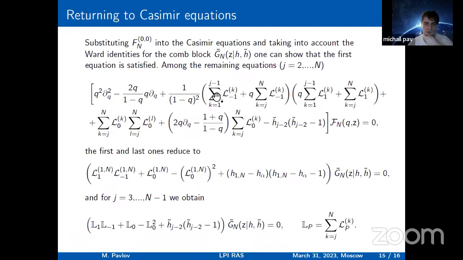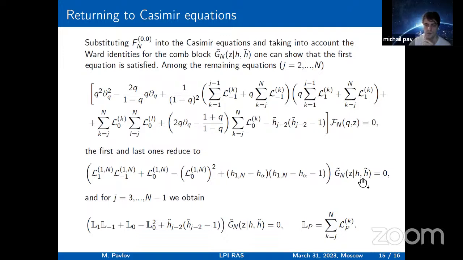And basically this is the case. In the system that I showed you of n equations, the first one was trivial, and after substituting our block into these equations, we can see that the system reduces to the correct system of equations on the sphere block.